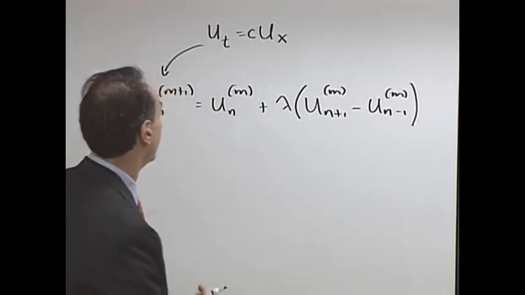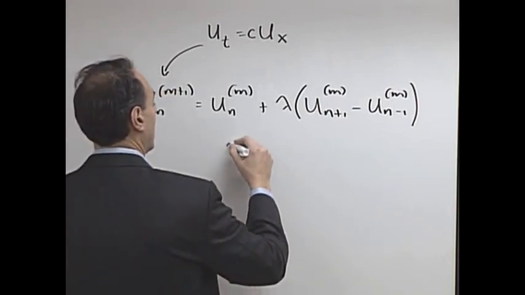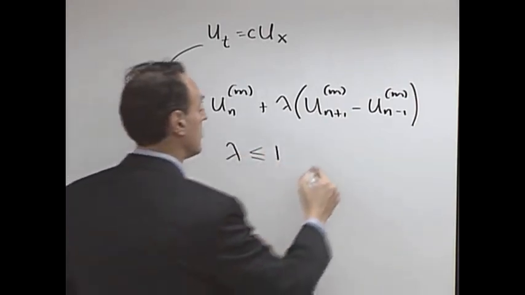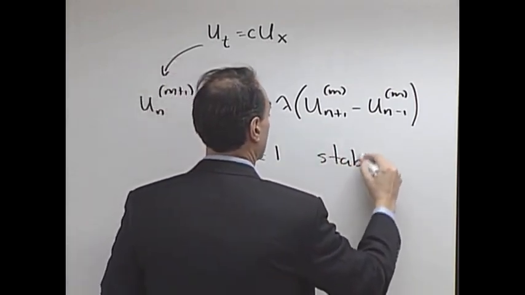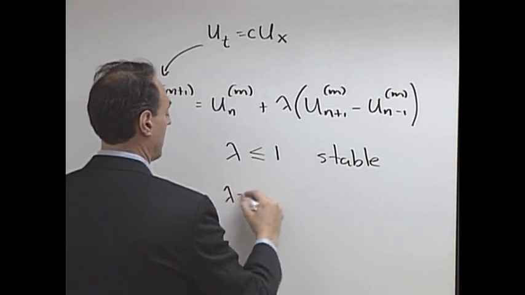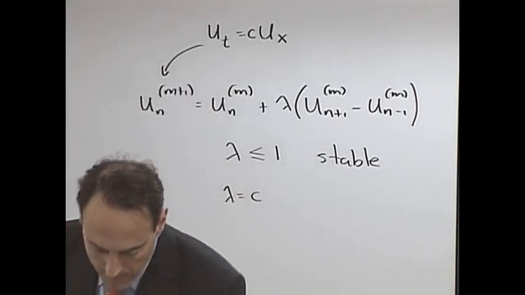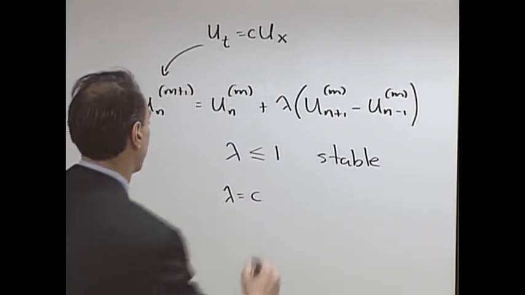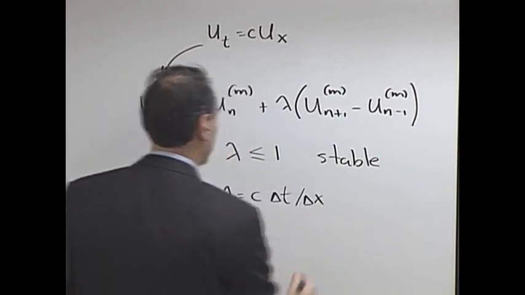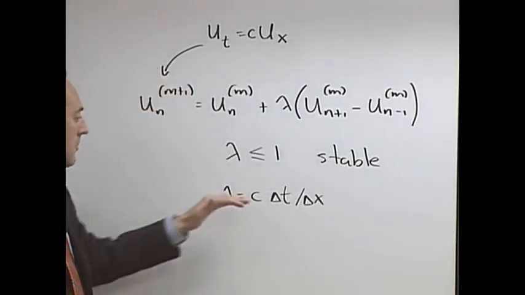So what we learned from this was that if lambda is less than or equal to 1, this scheme was stable. And by the way, lambda itself is C delta t over delta x. That's the condition. So we derived this. We said, boom, there it is.